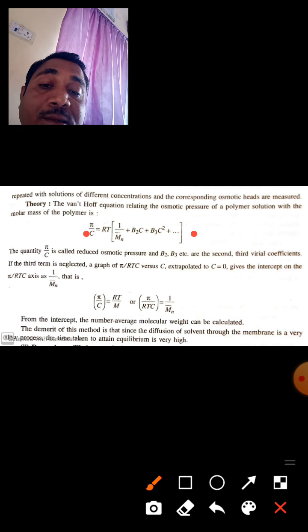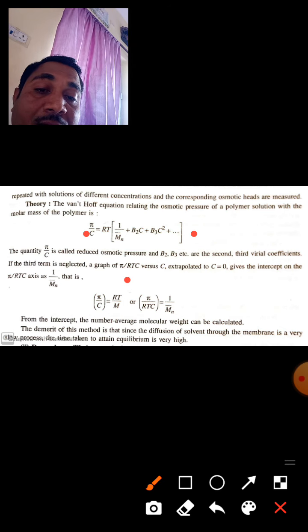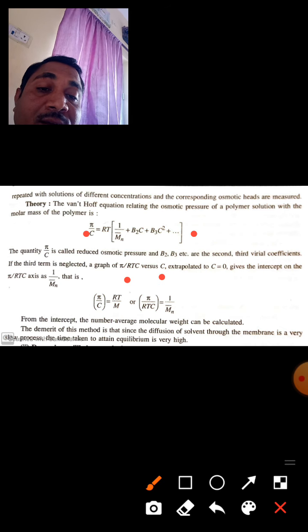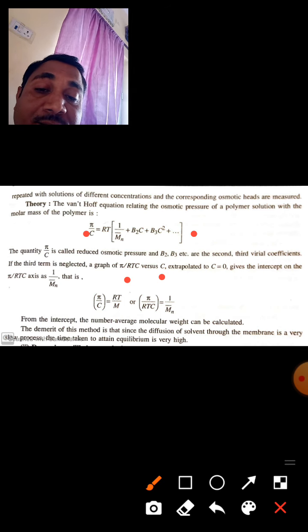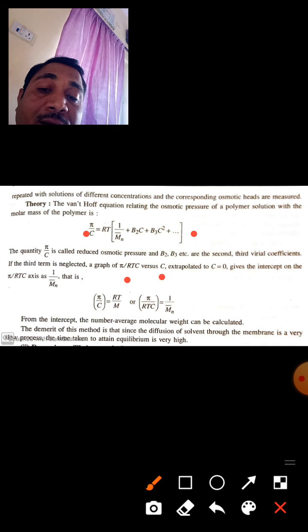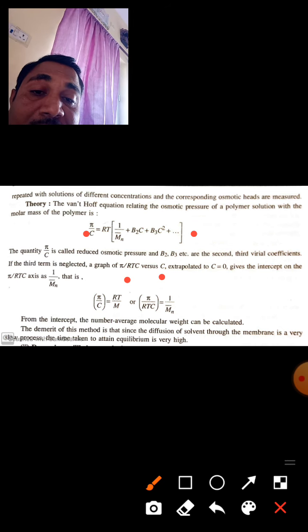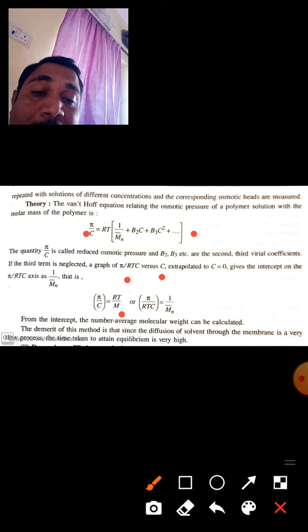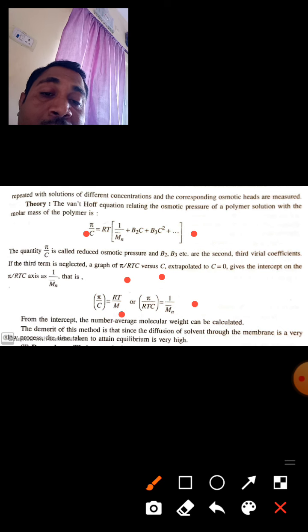If the third term is neglected, the graph of pi by RTC versus C is extrapolated to C equal to 0, which gives the intercept on the pi by RTC axis as 1 by Mn, that is pi by C is equal to RT by Mn, or pi by RTC is equal to 1 by Mn.